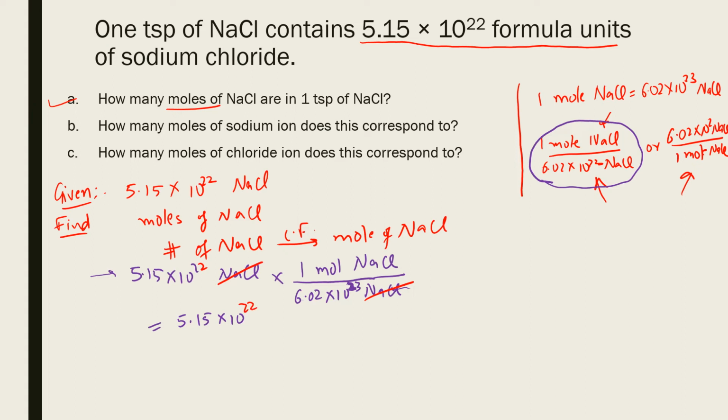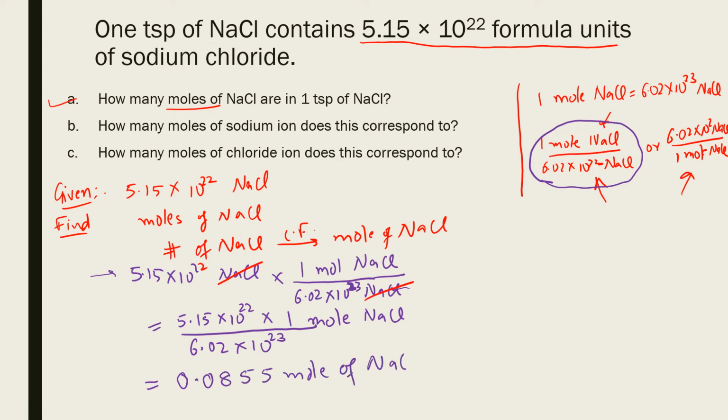So 22 here, multiplied by 1 mole NaCl divided by 6.02 times 10 to the 23. If we solve this, it will come out to be 0.0855 moles of NaCl. So that will be the answer for part A.